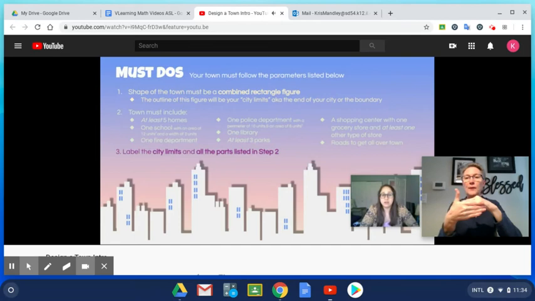And this is going to help us when we're thinking about questions about our town. So making sure that you have your city limits or the shape of your town defined at the very beginning is a really important first step that's going to set you up for success. So make sure that your town is a combined rectangle figure and that you've labeled those city limits clearly.